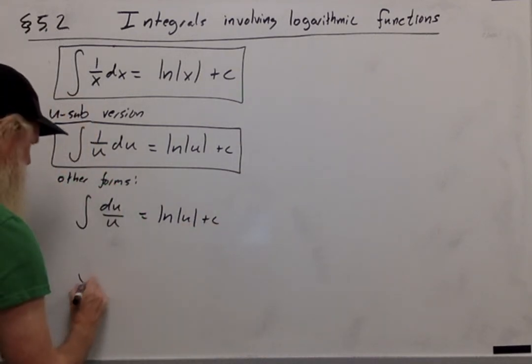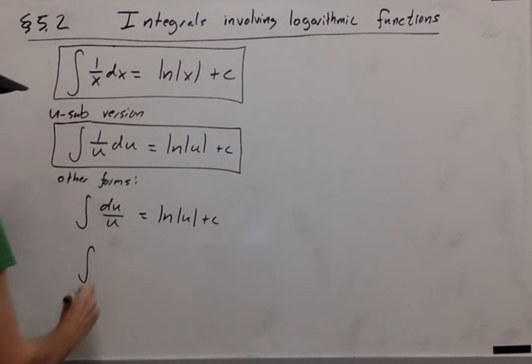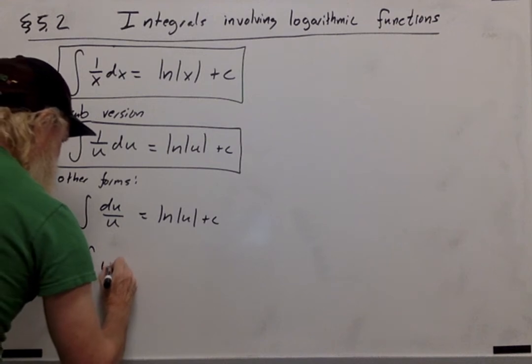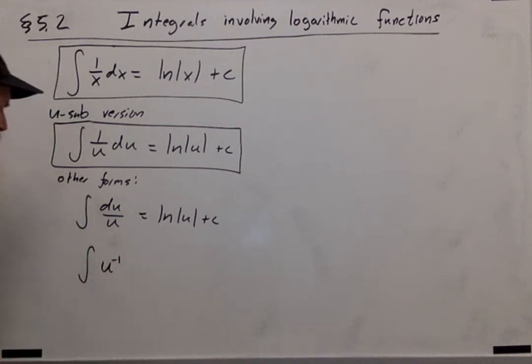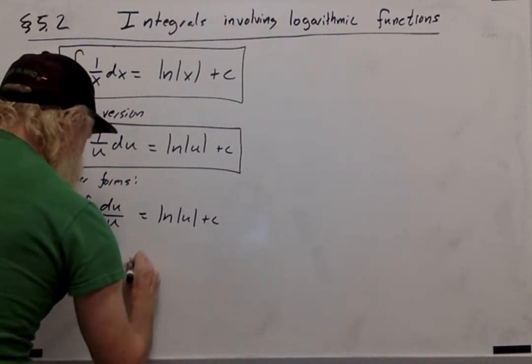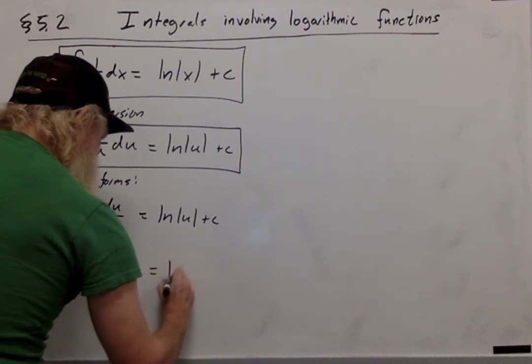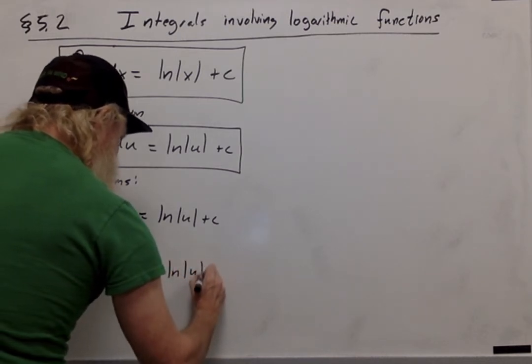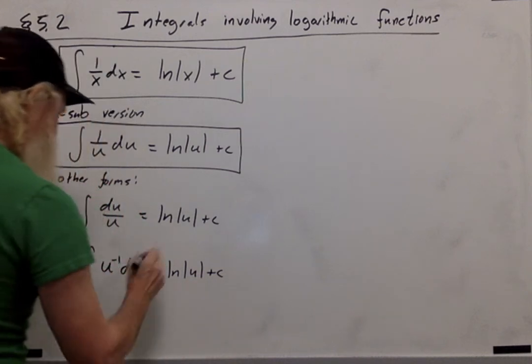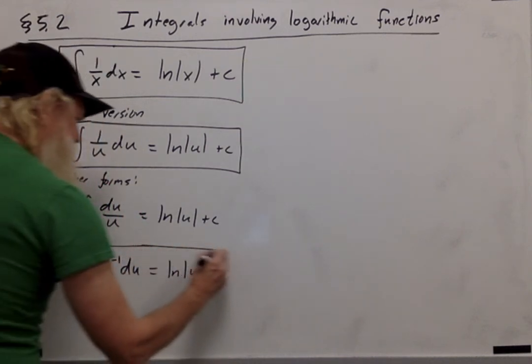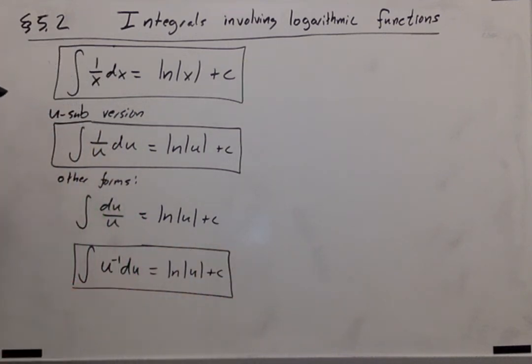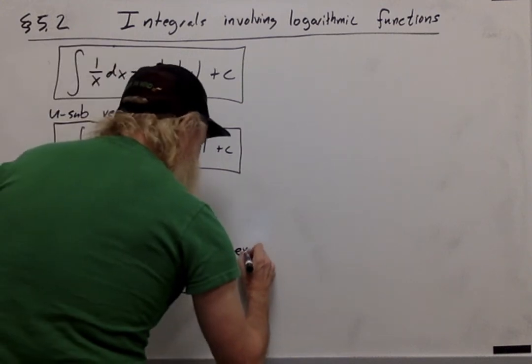And another one is sometimes that u is brought up to the numerator with a negative exponent. So sometimes you see this written as the integral of u to the negative 1 du is natural log absolute value u plus c. And notice that this takes care of that one exception to the power rule.